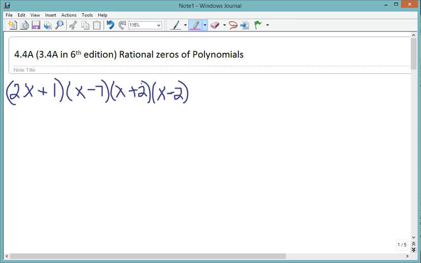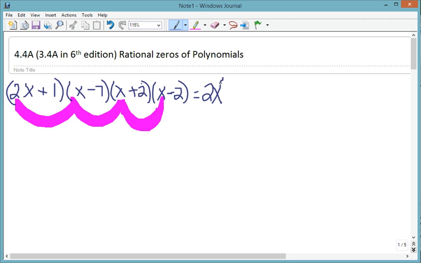If I were multiplying this out, the very first number is going to be this times this times this times this, so I'm going to end up with a 2x to the 4th. Now I'm going to have all the other things in here, x to the 3rd, x to the 2nd, with some kind of numbers. I would have to multiply them all out and add them together and everything.